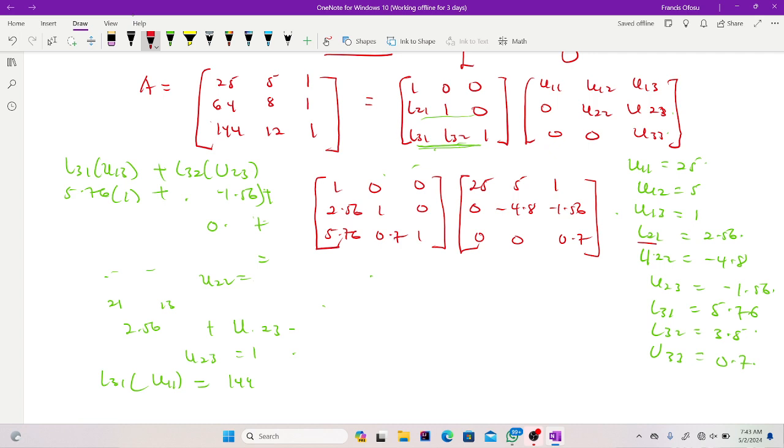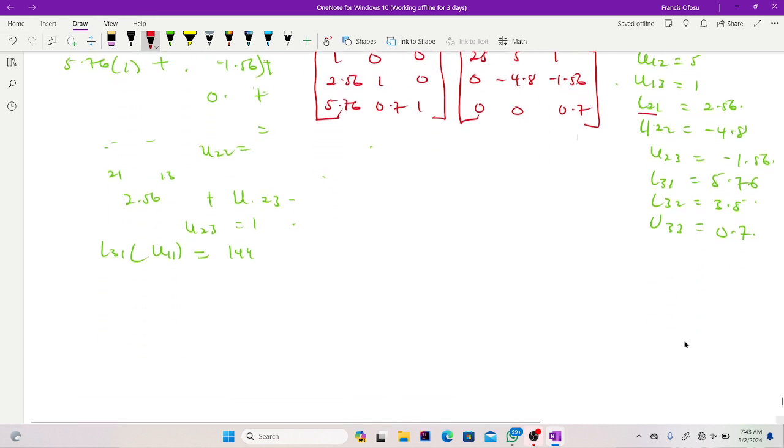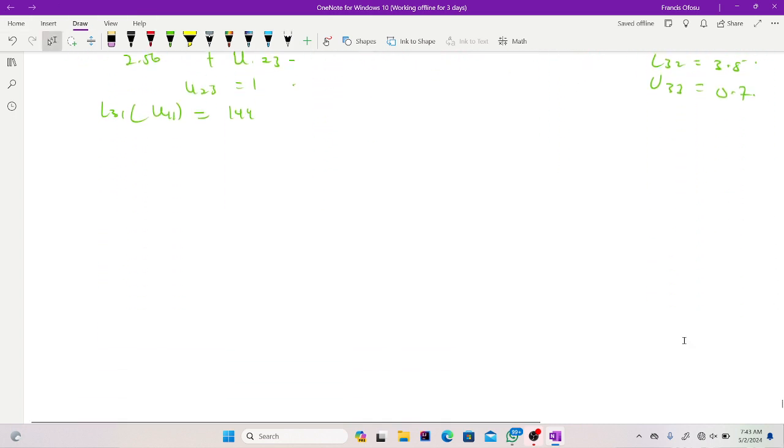So once you get the LU decomposed form, we can go ahead and solve. Let me reproduce my LU form here.